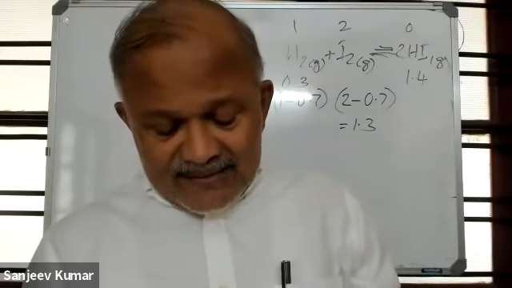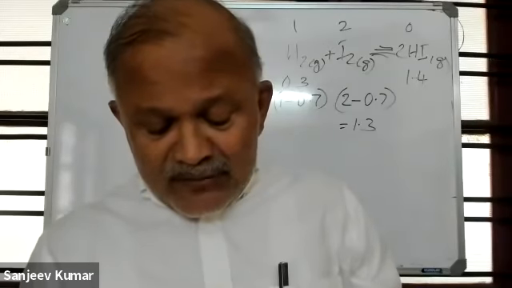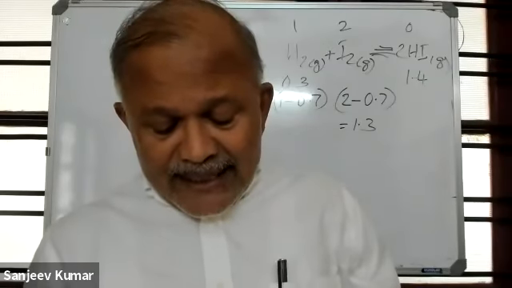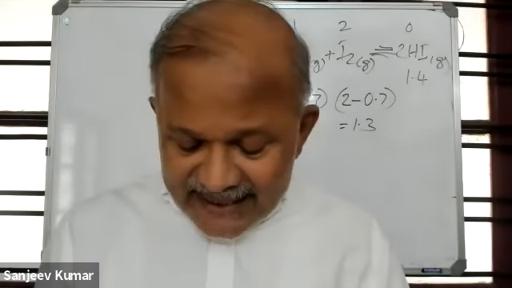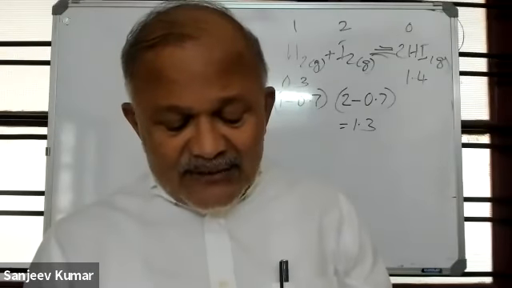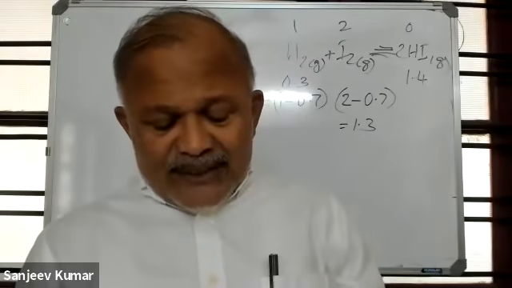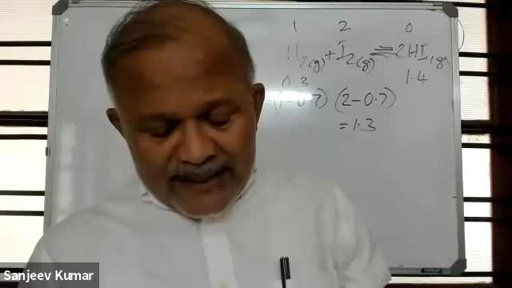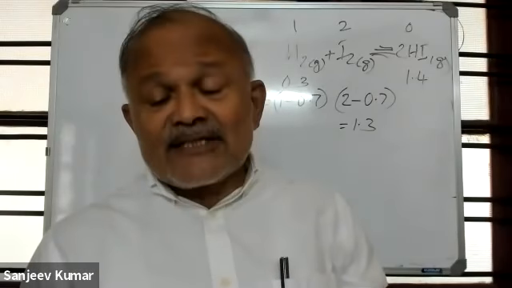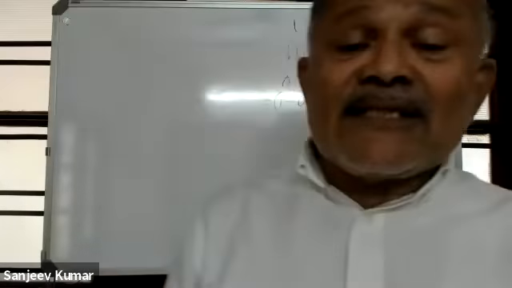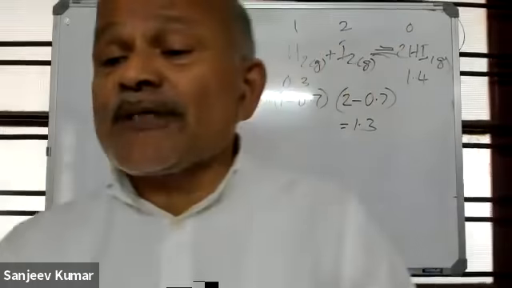The 17th question is, the conditions favorable for the formation of compound AB gas are given. The value of delta H for the reaction A2 gas plus B2 gas reversible gives 2AB gas is less than 0. Delta H less than 0 means it is an exothermic process.